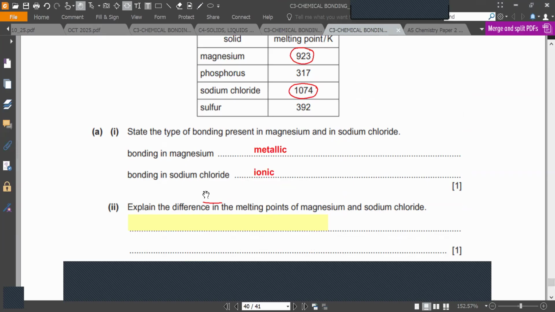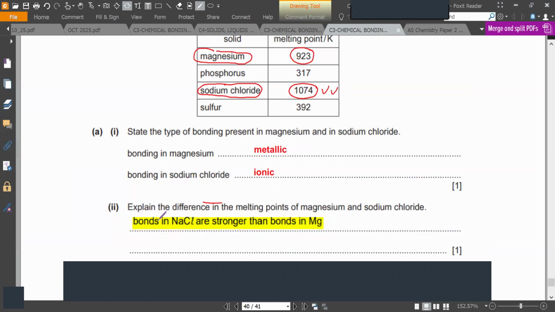We can see that magnesium has a lower melting point than sodium chloride, which tells us that the ionic bond in sodium chloride is stronger than the metallic bond in magnesium. The bonds in sodium chloride are stronger than the bonds in magnesium.